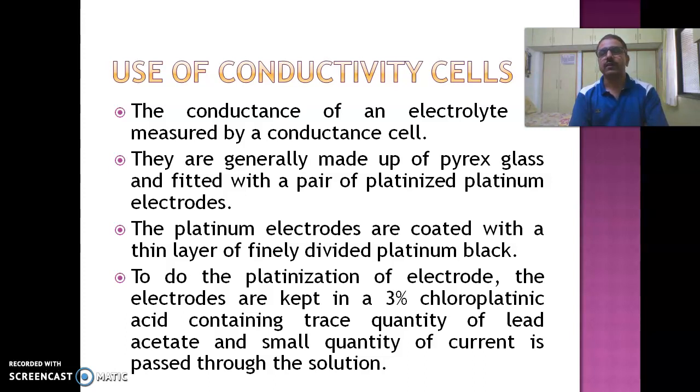Because of this, electrodeposition of platinum happens over the pure platinum electrodes, and this coating is called finely divided platinum black on the surface of pure platinum. So why do this? The main reason is that if you use pure platinum, the polarization phenomenon occurs, and therefore, to avoid polarization of the surface of the pure platinum, this process of platinization is to be done.